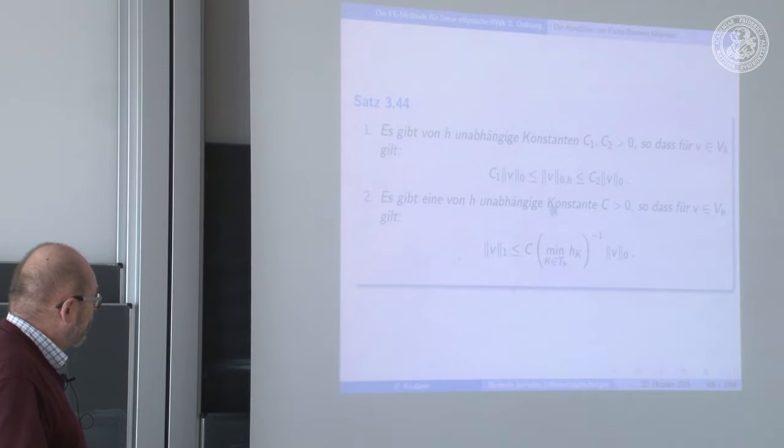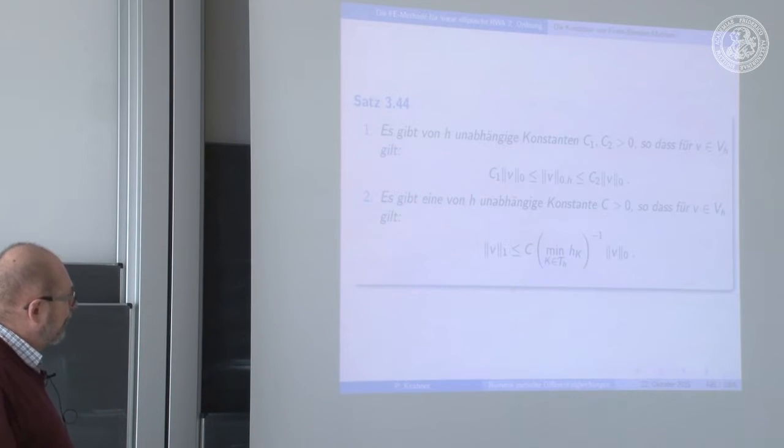And on the basis of that, we have seen this inverse inequality, saying that what is of course wrong on a full infinite dimensional space, that we can estimate the one norm by the zero norm, we can do here on the finite dimensional space, but at the expense of 1 over h.